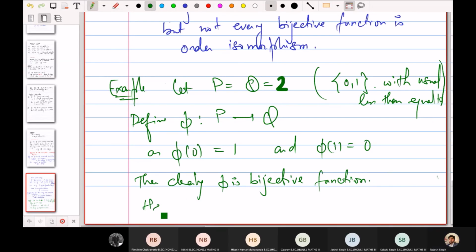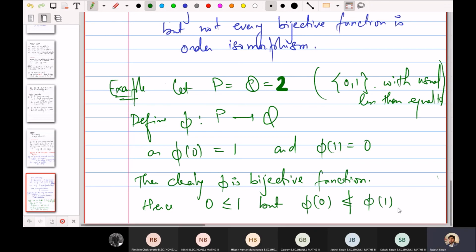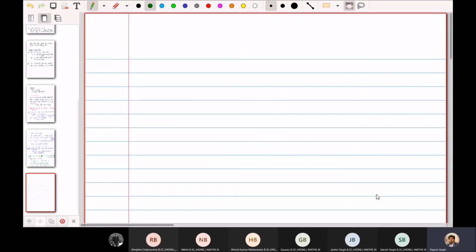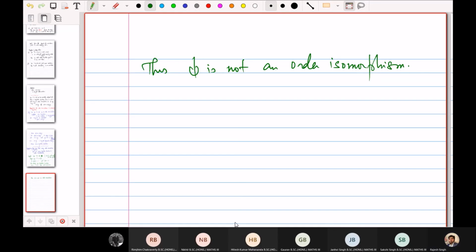Here 0 is related to 1, but phi of 0 is not related to phi of 1. ठीक है, क्योंकि phi of 0 is 1 and phi of 1 is 0, so phi is not an order isomorphism. Thus phi is not an order isomorphism. Is it fine? Yes sir.